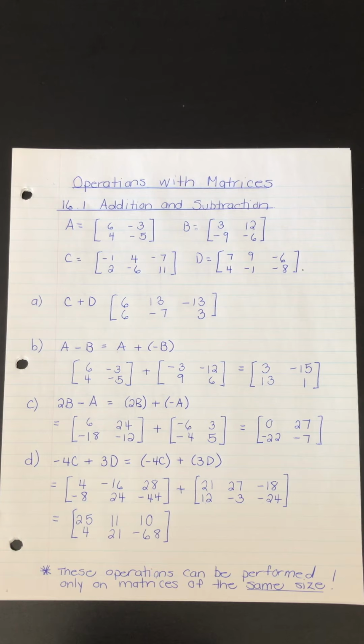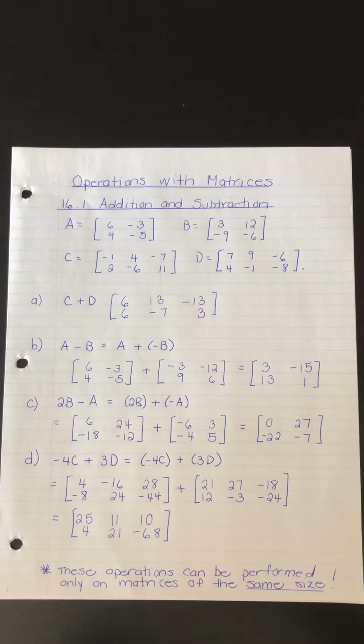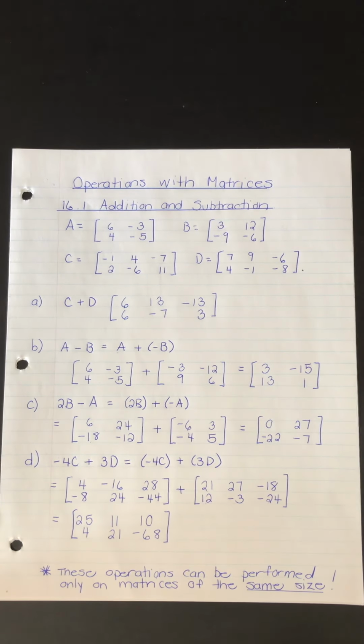Okay, so we'll take a pause here. I'm going to put some suggested questions for you to try from 16.1 of your textbook, and there will be a second video that goes through multiplication of matrices.